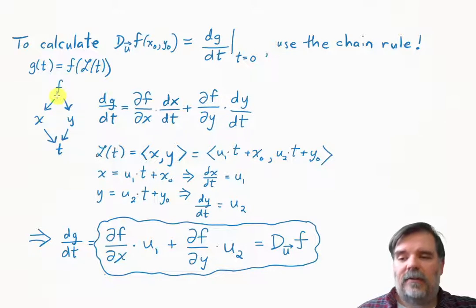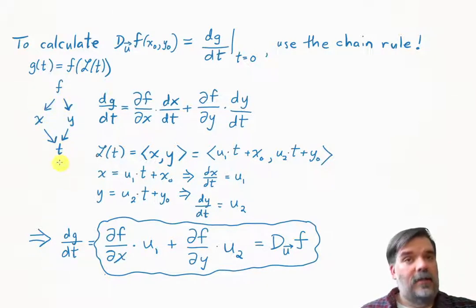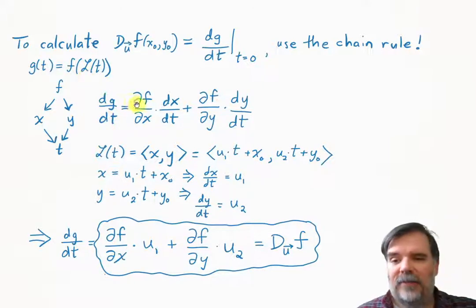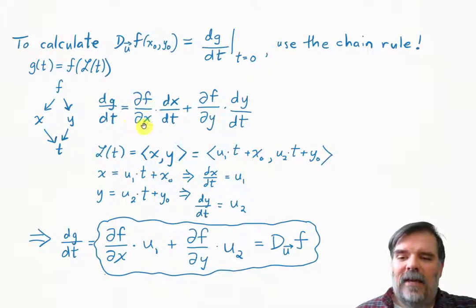F is a multivariable function, f depends on x and y, which both depend on t. So the chain rule for this diagram would say that dg/dt, or df/dt if you wish, would be df/dx times dx/dt, and that's the change along this chain, plus df/dy times dy/dt. That's the change along this chain.